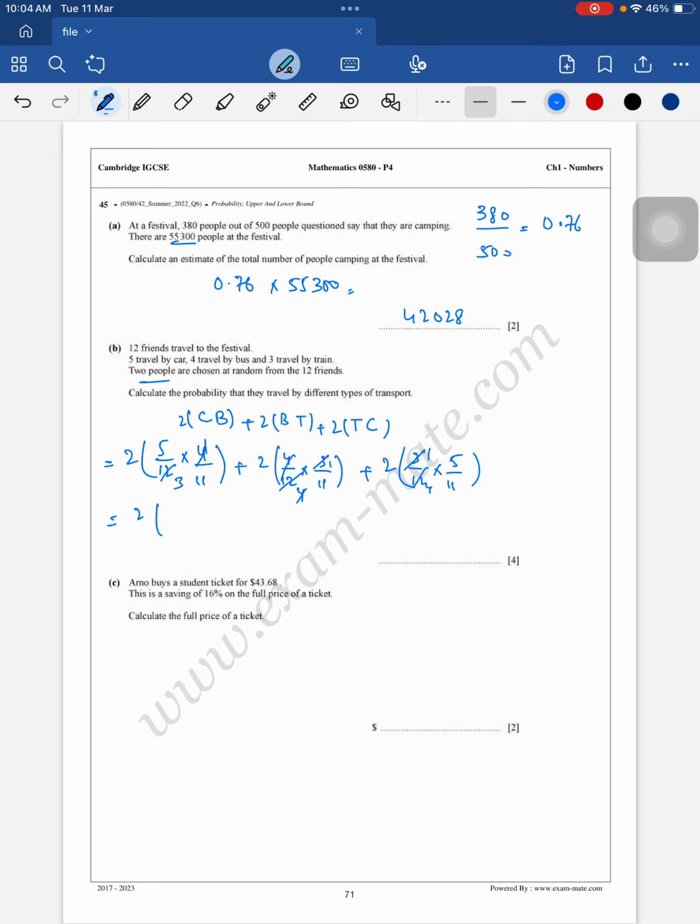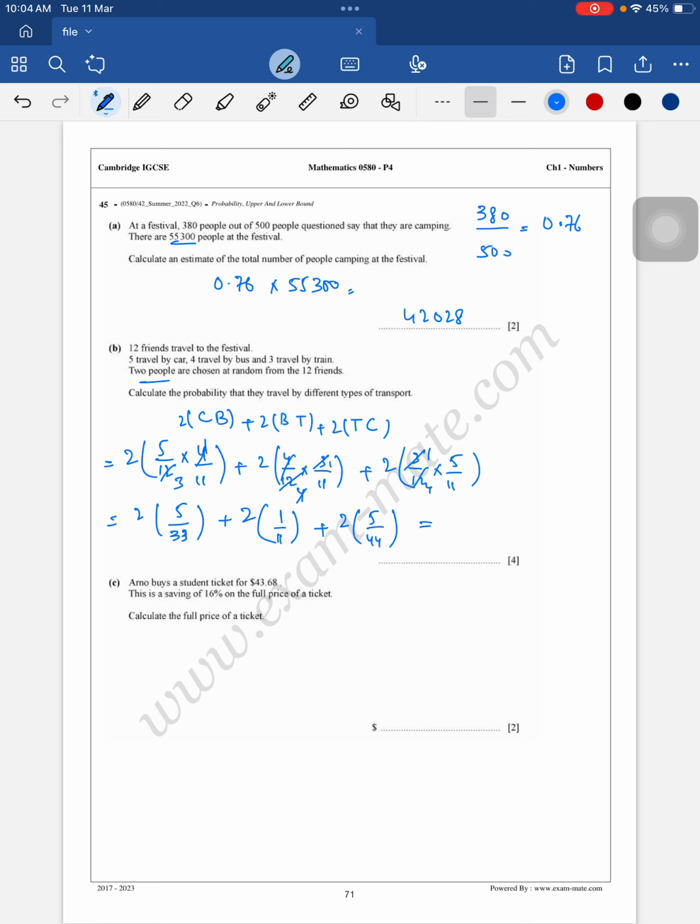Okay, so this is 5 upon 3 11s, which is 33, plus 2 upon 11, and here 5 4 11s are 44.